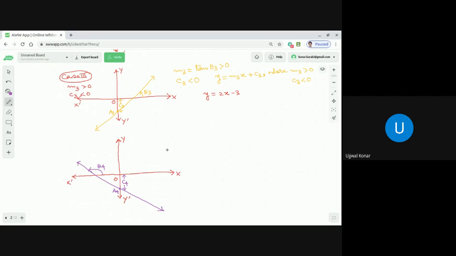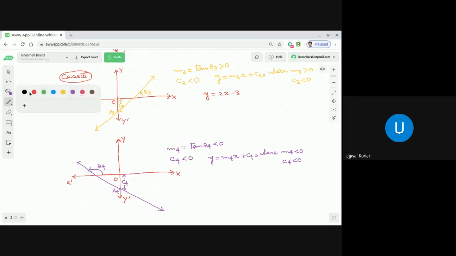So M4 is equal to tan of theta 4, which is negative because it is the tan of an obtuse angle, and C4 is also less than 0. Then the equation we get here, dear students, is y is equal to M4 into x plus C4, where M4 is less than 0 and C4 is also less than 0.